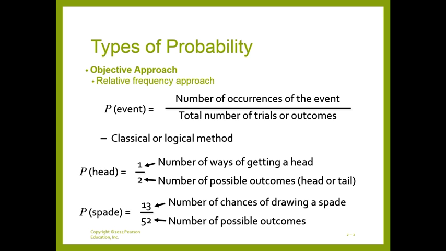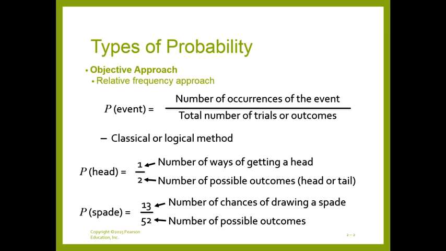Otherwise, you have things that are on the logical side. How often could something happen, and how often would you know that something could happen? So you can logically figure out that if there are 13 cards marked with spades and there are 52 total cards in the deck, then your probability is going to be 1 out of 4 that you would draw a card that had a spade on it.